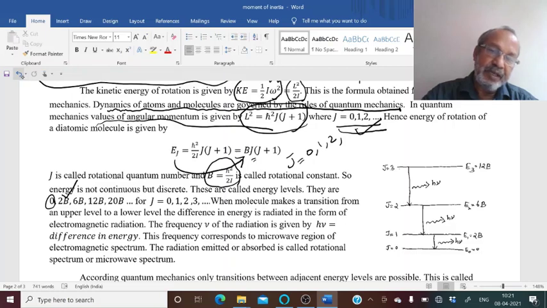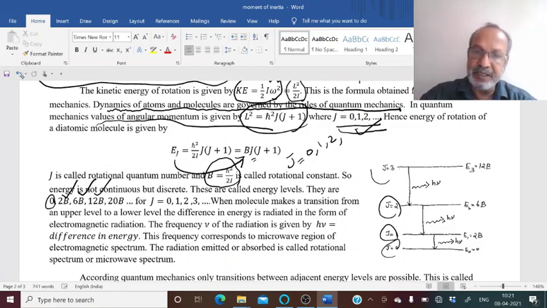E2 will be b into 2 into 2 plus 1, that is 2 into 3, so that is 6b. Next energy level will be 12b. So you can see those energy levels here. For j equal to 0, 1, 2, 3, etc., you will get energy levels 0, 2b, 6b, 12b, etc.